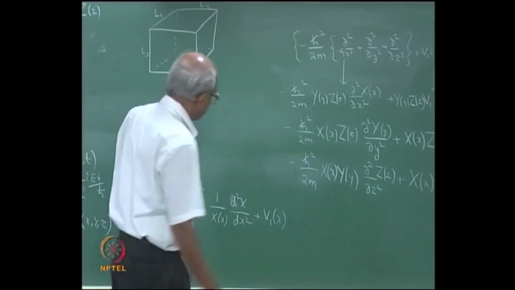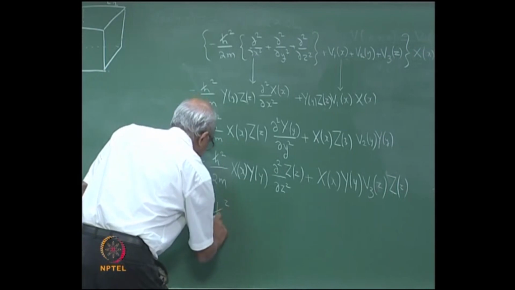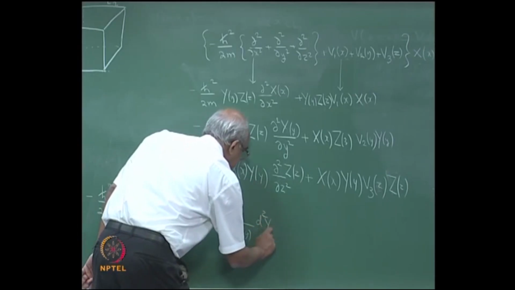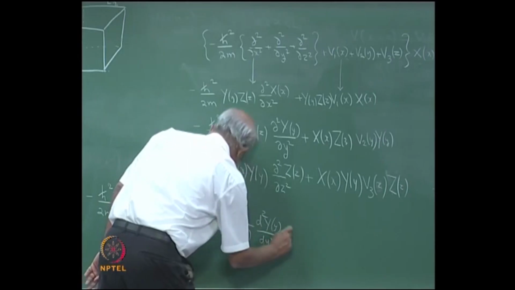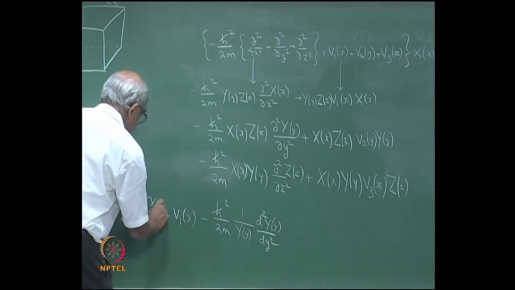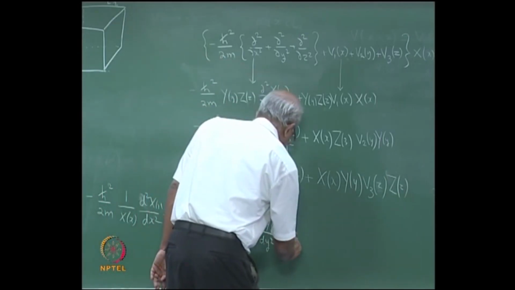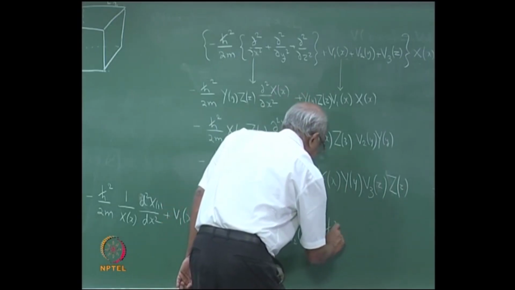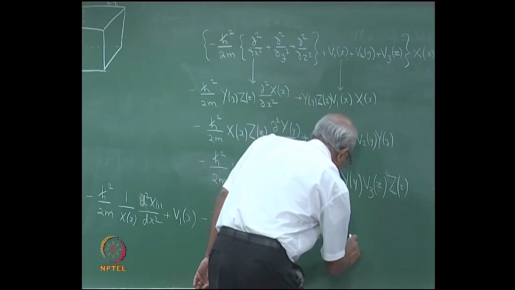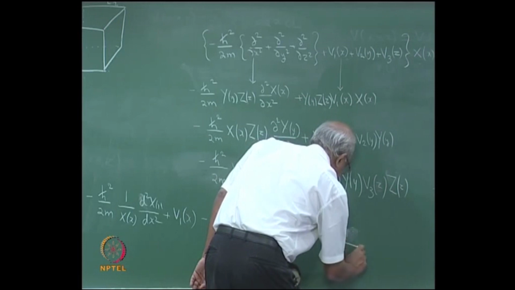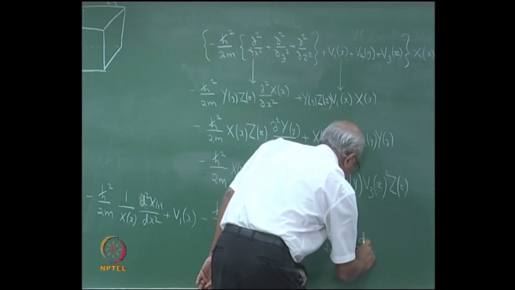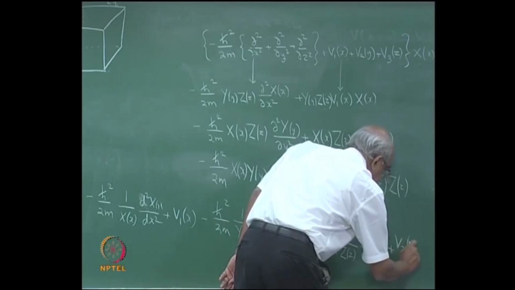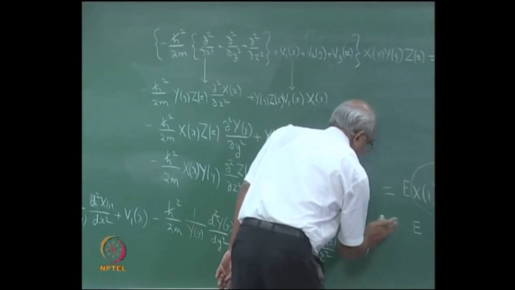So, similarly, from the second two terms you are going to get minus h cross square upon 2m, very easy to write this actually, simple. Well, that is equal to E.